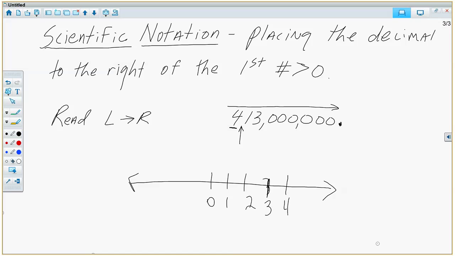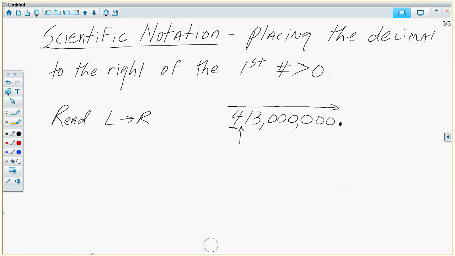Now, I have a certain way of showing this. If you've seen scientific notation before, then you're probably going to have problems. If you have not seen scientific notation, that's a good thing, because once I teach you how to do it the correct way, you won't mess it up. All right? So I've got to move this decimal right here.